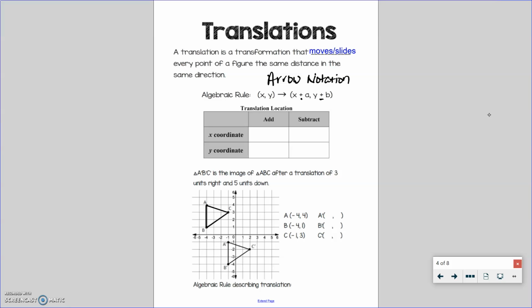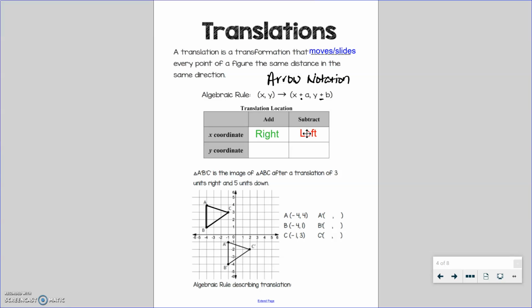Okay, so when I'm dealing with the x coordinate, if I move to the right, that means I am adding. If I am subtracting, I move to the left. So if the image moves to the right, you're adding to your x value. If the image moves to the left, you're subtracting from your x value in your algebraic rule.